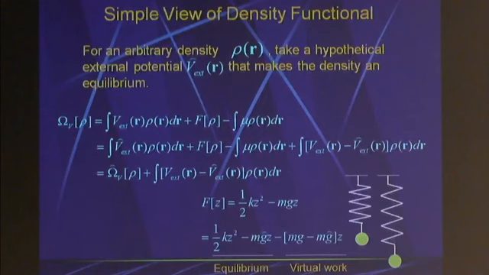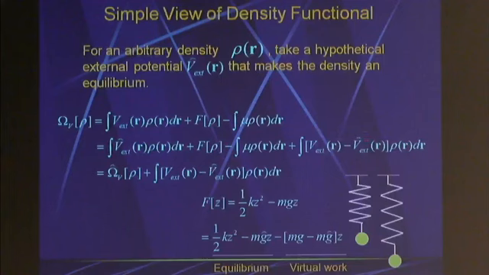Here we see that this part is the equilibrium ground thermodynamic potential that is represented by omega b rho, corresponding to the given arbitrary density function rho(r). And in order to come up with the original functional of rho, we simply need to add the difference of potential between the initial one and the last one.